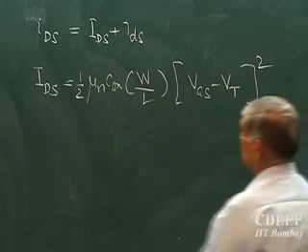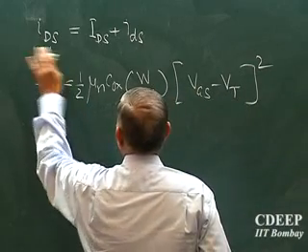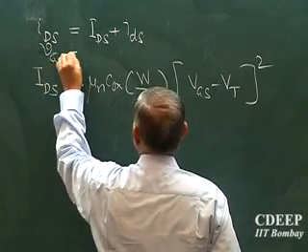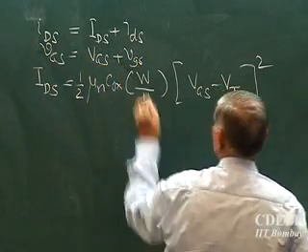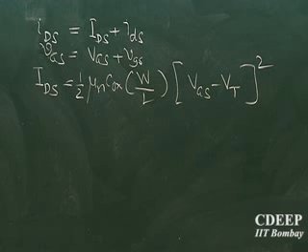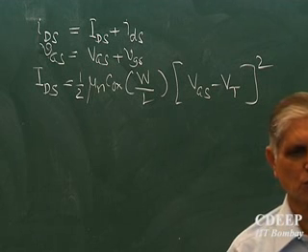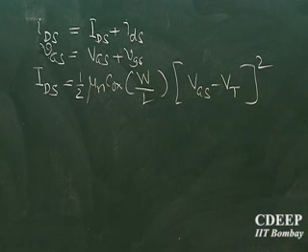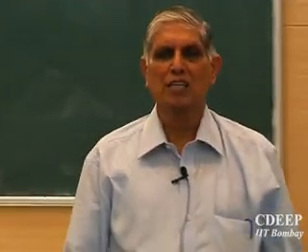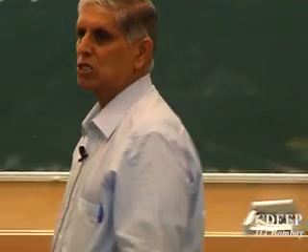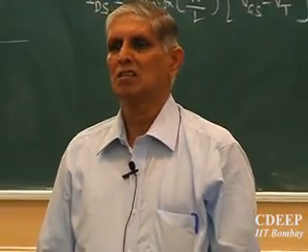If this is so, then VGS is also equal to VGS plus vgs. The total gate to source voltage is the sum of the DC gate to source voltage plus an AC signal superimposed over it. This is called small signal. What does that mean? That the AC signal amplitude is much smaller than the DC value.